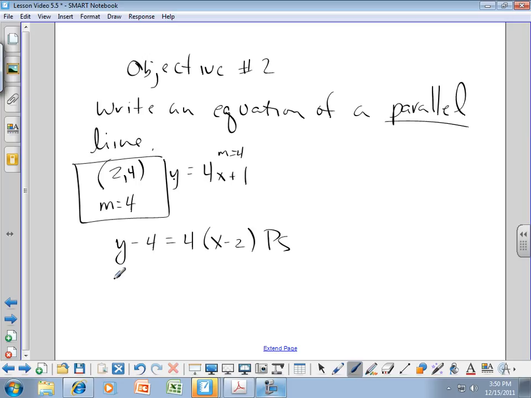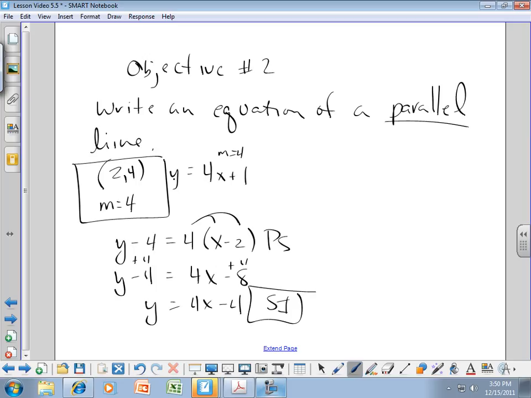If it says put it in slope-intercept form, then all you do is distribute 4x minus 8, and then add 4 to both sides, and you get y equals 4x minus 4. Either one of these are perfectly good answers. Just pay attention to your directions. All right? So to write the equation of a parallel line, take the slope from this one and use it in your own with the point that you're given.